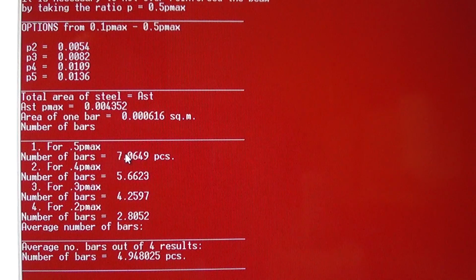And by the way, these bars, they're all safe. If you reverse the design, you have the section and you have the bar, you find the maximum moment capacity of the section of your beam.